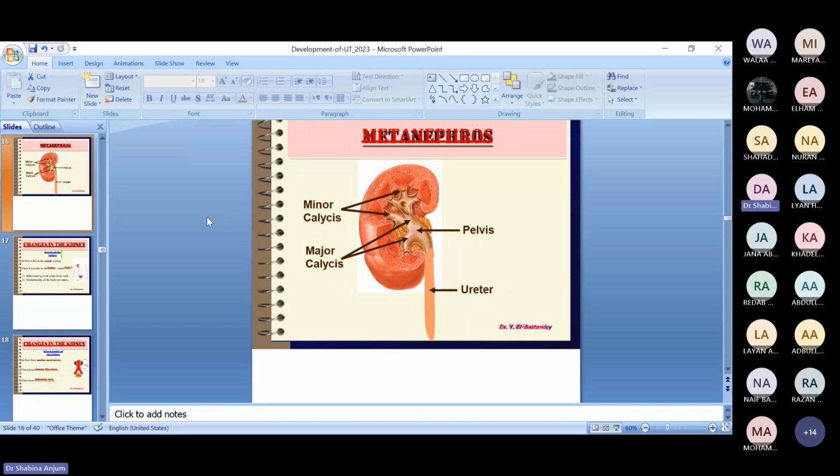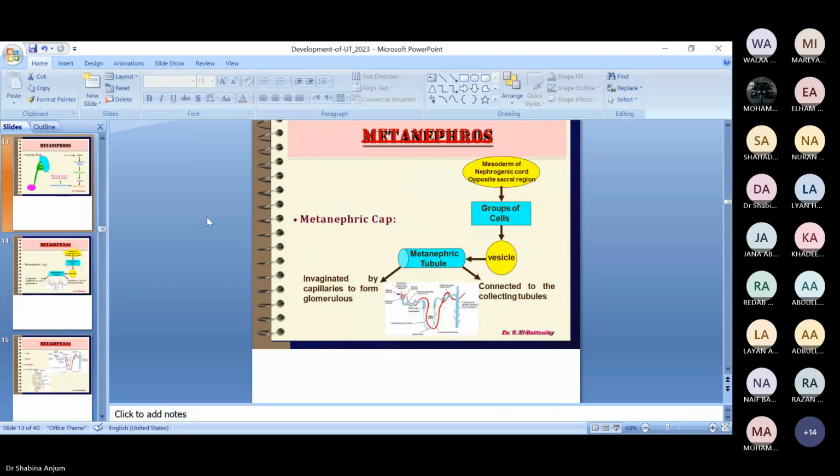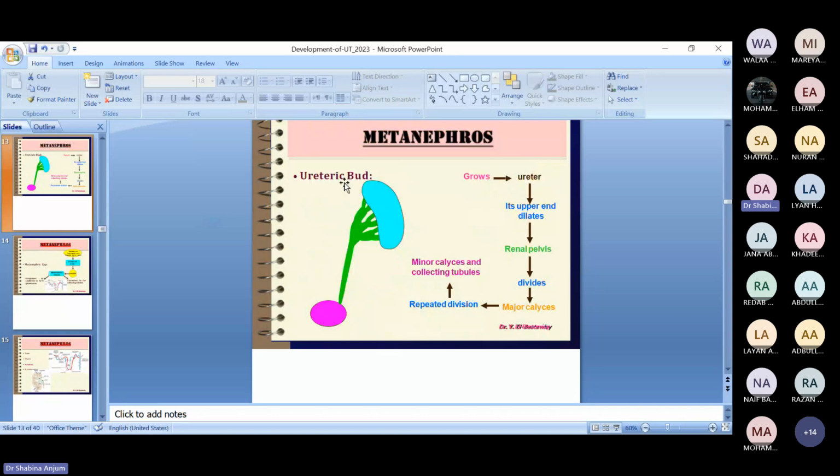So how is it formed? The ureteric bud grows, its upper part dilates and forms the renal pelvis, then division gives the major calyces, and more repeated division gives the minor calyces and collecting tubules.